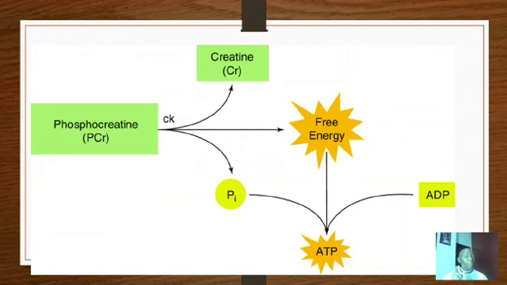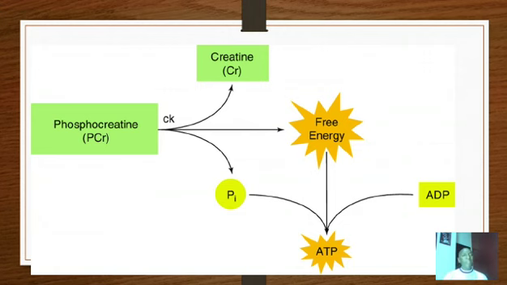However, phosphocreatine and ATP are both found in the muscles, meaning that creatine can provide energy, but the phosphate formed can equally combine with ADP to form ATP.